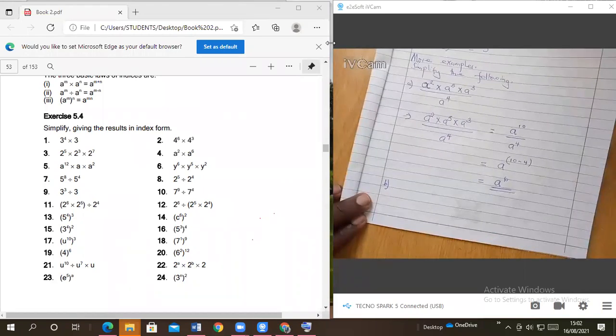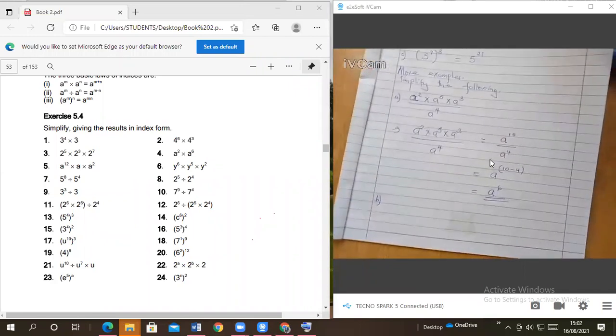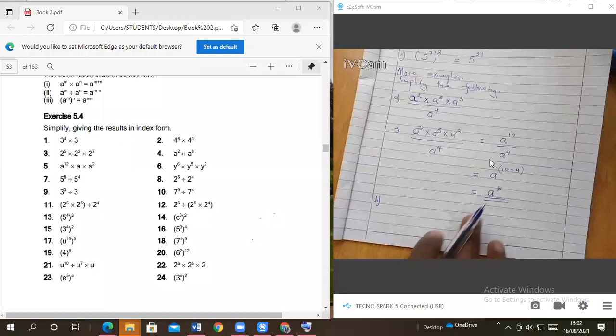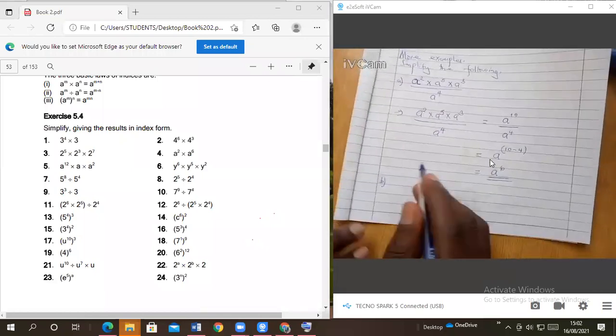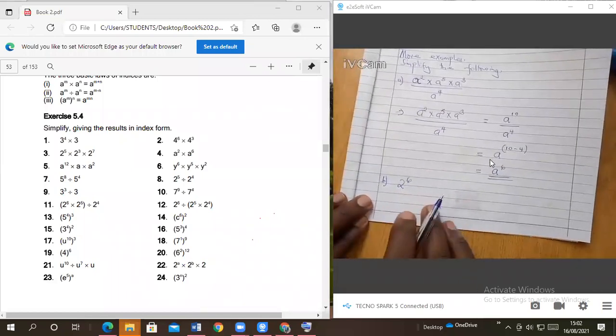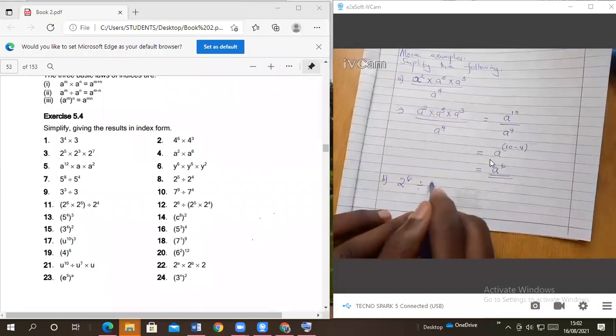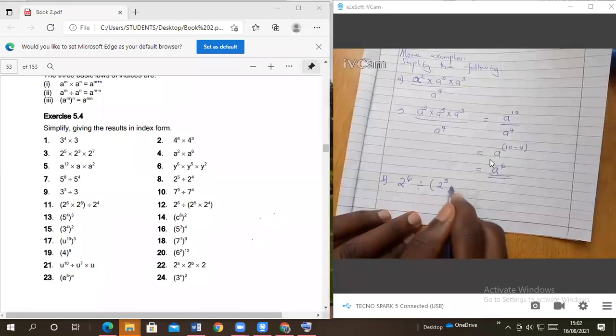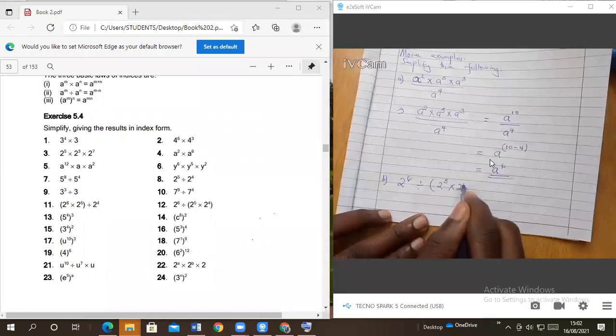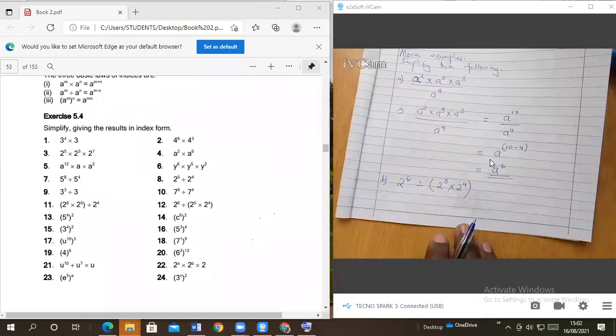B, you have 2 to the power 6 divided by 2 to the power 5 times 2 to the power 4. That's what you have.